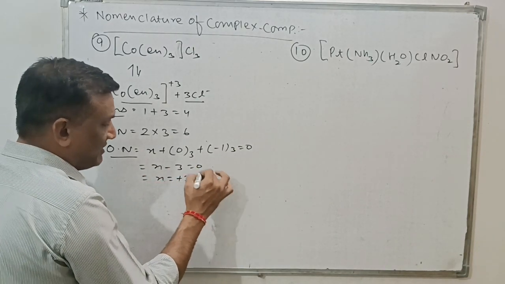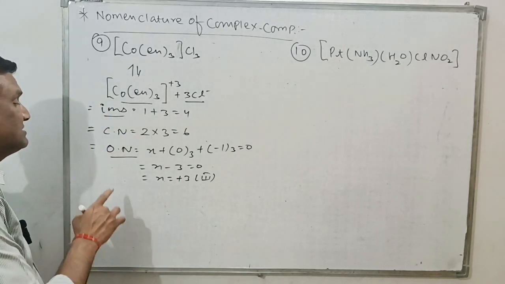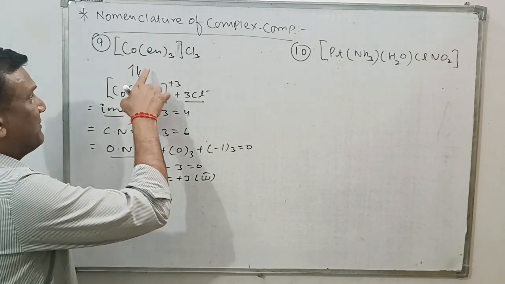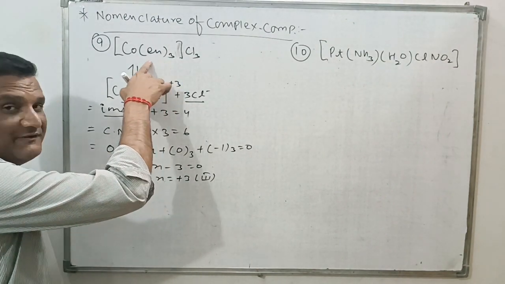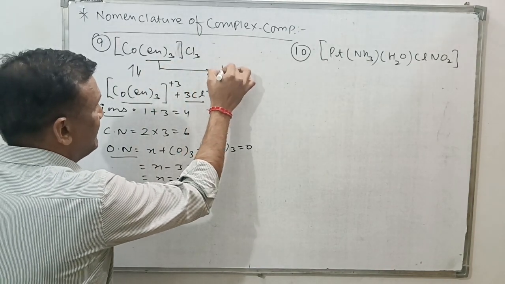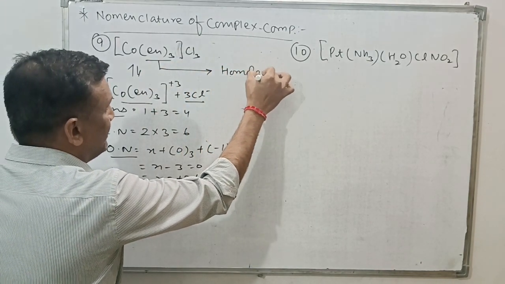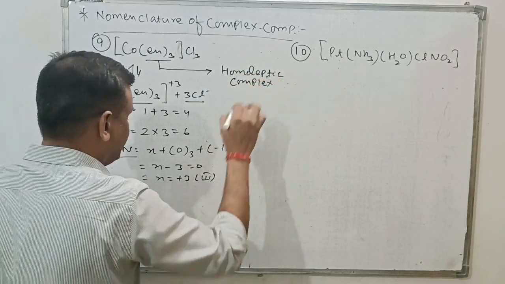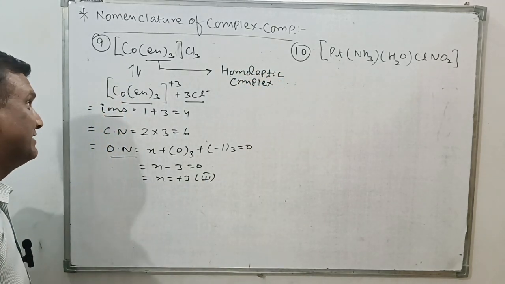That is the oxidation state. After the oxidation state, coordination number and number of ions, the type of complex: only one kind of ligand exists, so it is a homoleptic complex.